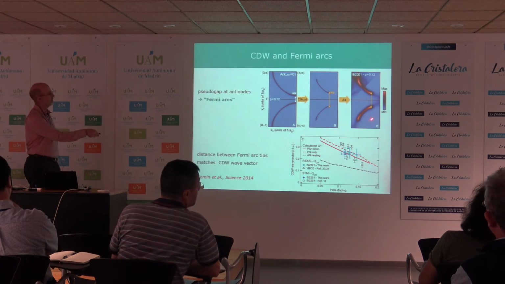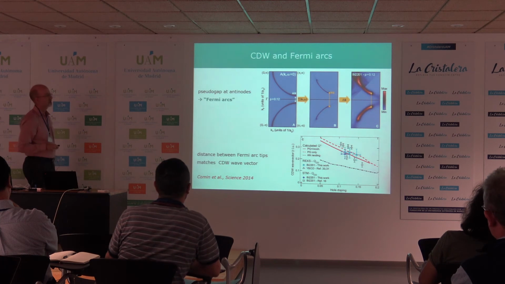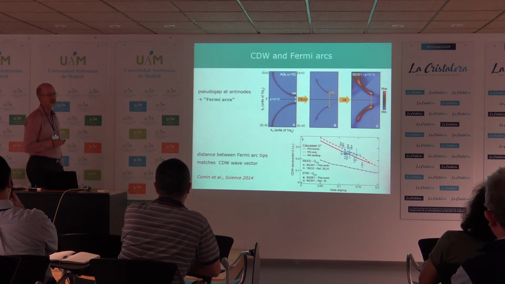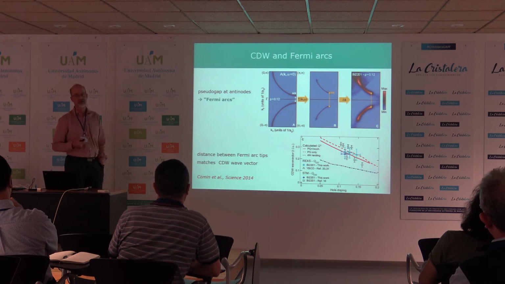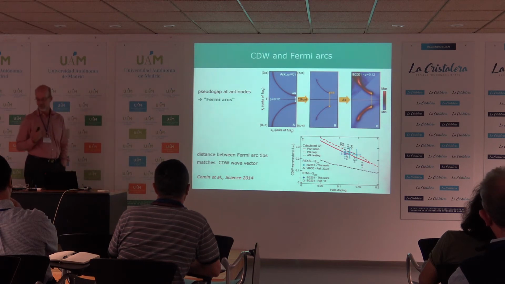It's really the wave vector connecting the Fermi arcs that is characteristic of the charge density wave of these materials. So the charge density wave interpretation is not inconsistent with the common knowledge of fermiology. Yes?